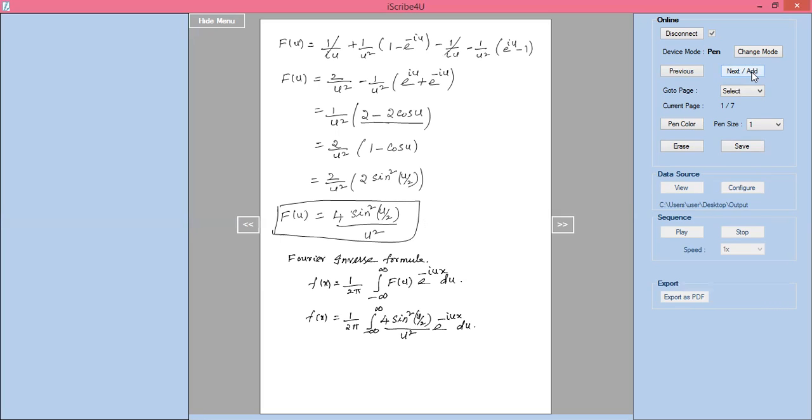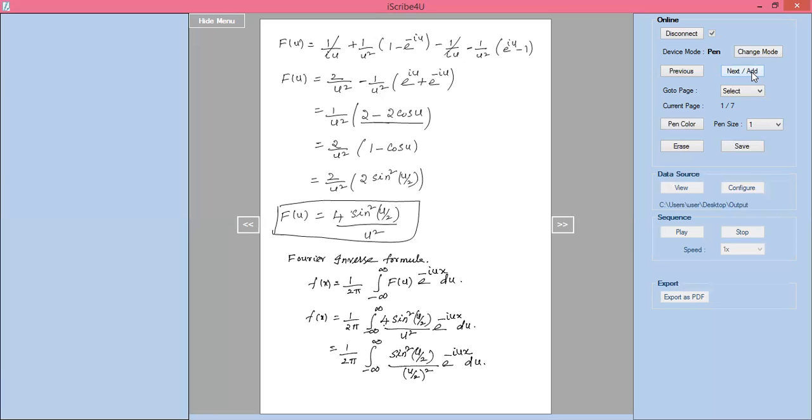Now this only I will write: 1 by 2 pi into the integration from minus infinity to plus infinity of sine square u by 2 divided by, writing the 4 in the denominator, u by 2 whole square, into e power minus iux into du.